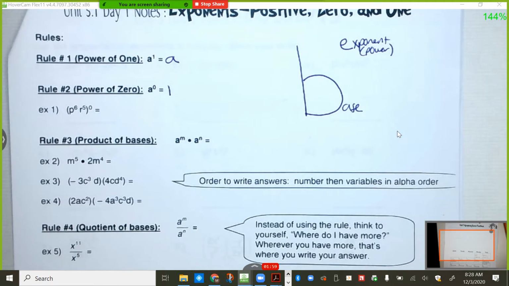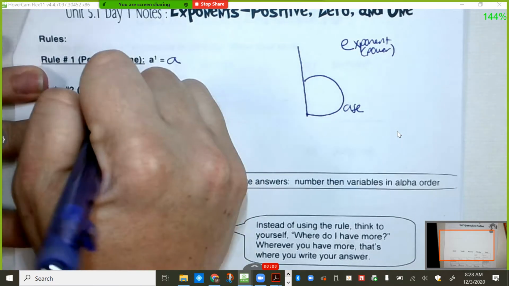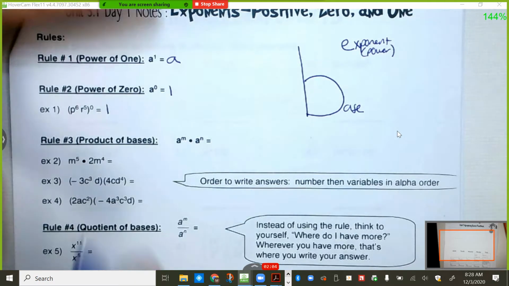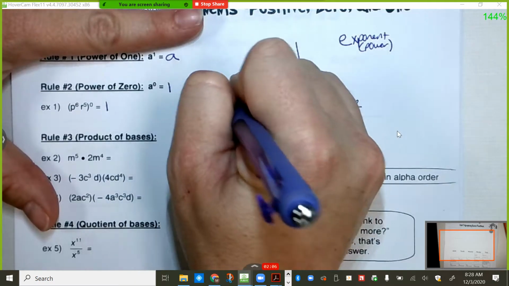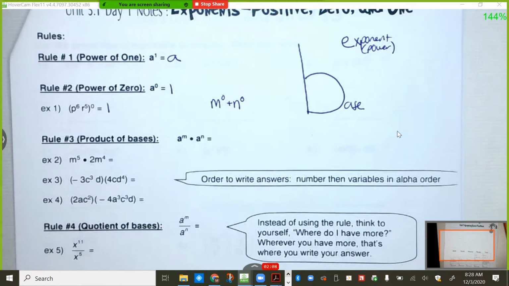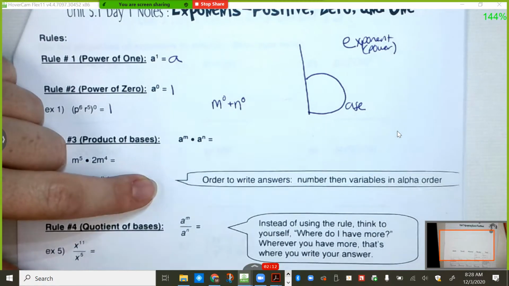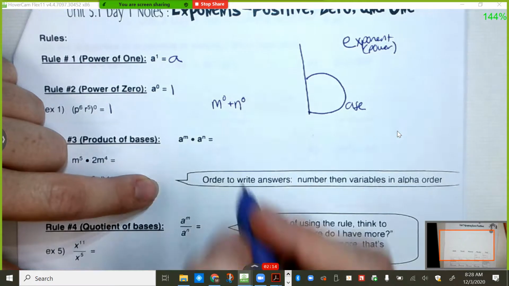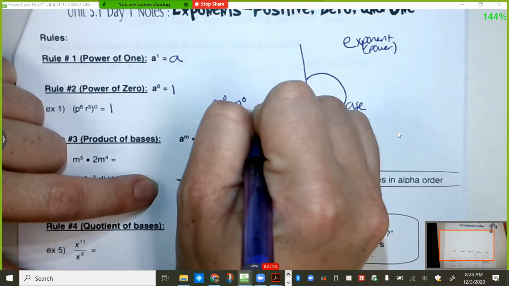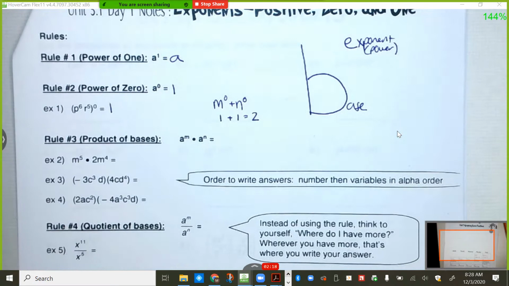What does it equal? 1. Another example, what if you have m to the 0 plus n to the 0? Doesn't that just give you 1 plus 1? What's 1 plus 1 equal? Does that make sense? Anything to the 0 power is 1, okay?